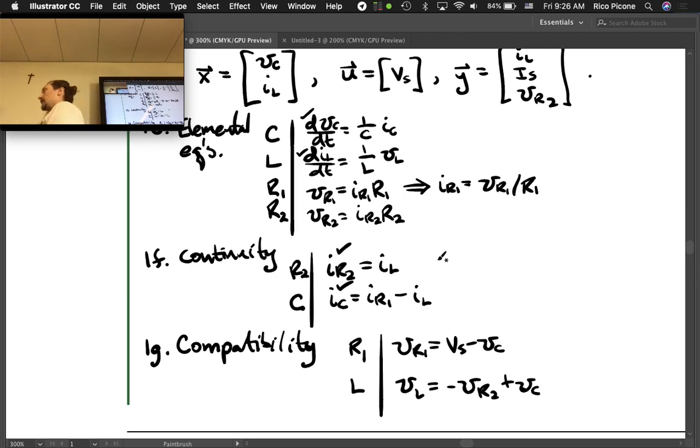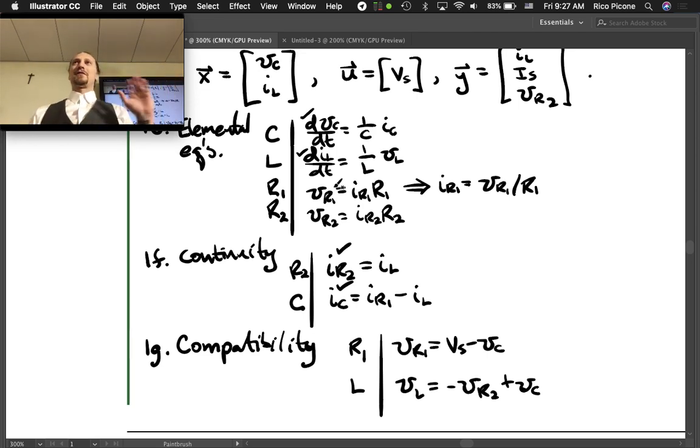Now, if we had not done this extra step and solved for the primary variable for the elemental equation for R1, then we would be plugging in VR1 on the left-hand side of the equation for R1. No big deal.